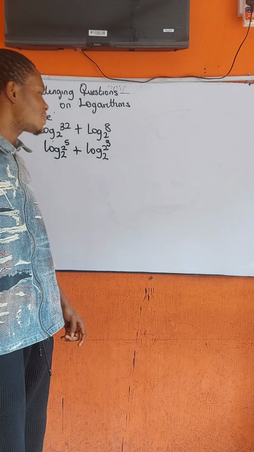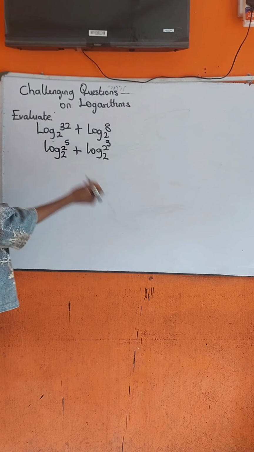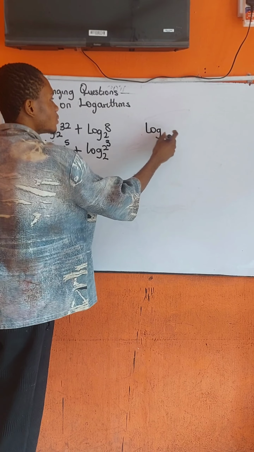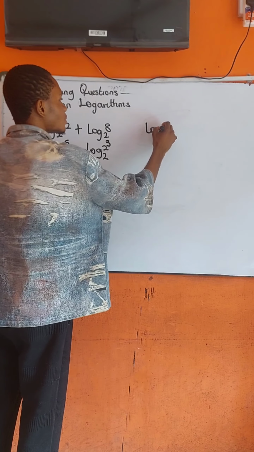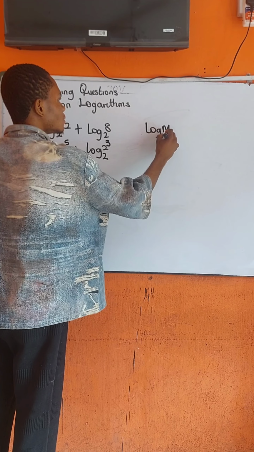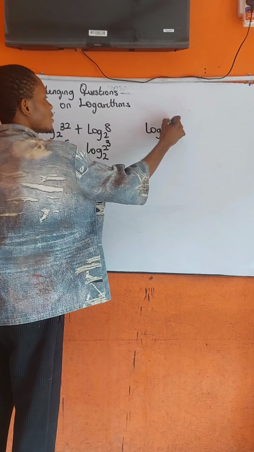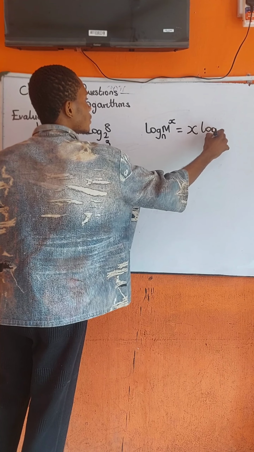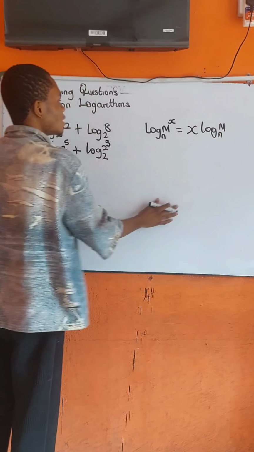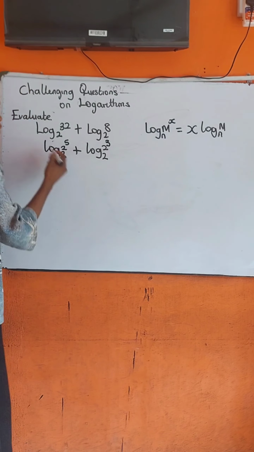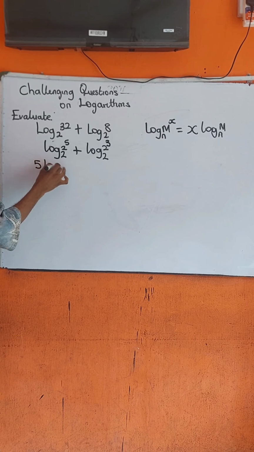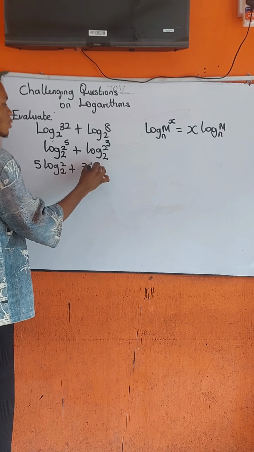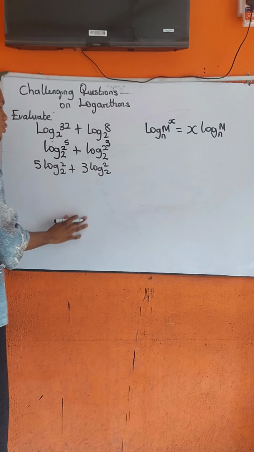Remember this rule that says log m raised to power x is equal to x log m. So we are applying this rule here. We have 5 log 2 plus 3 log 2.